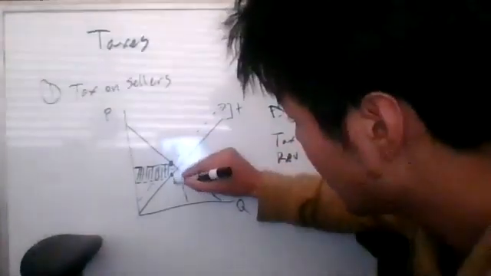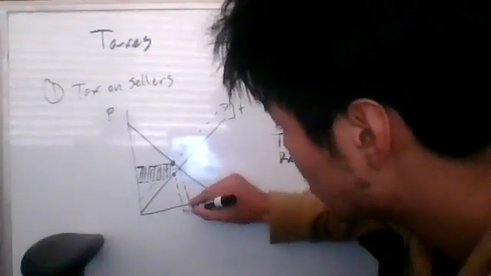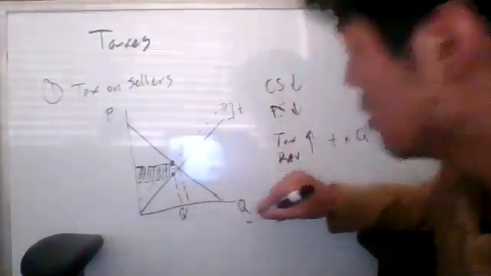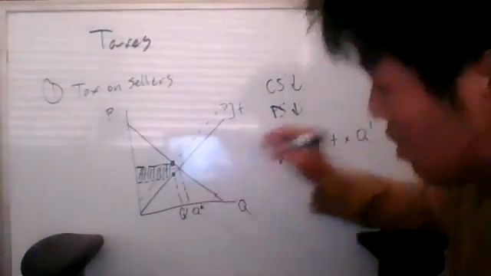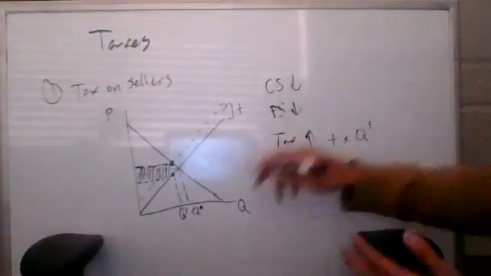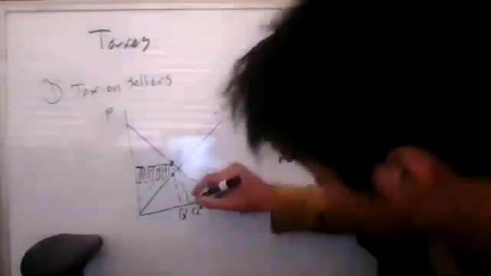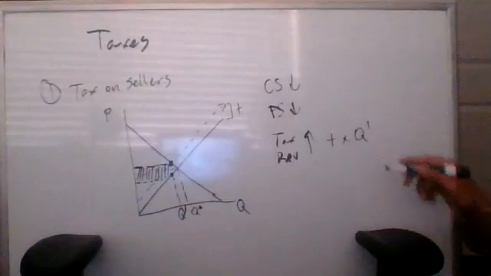We're going to describe this amount of quantity being sold as Q prime, and we can say that the original was Q star. So this is T times Q prime.